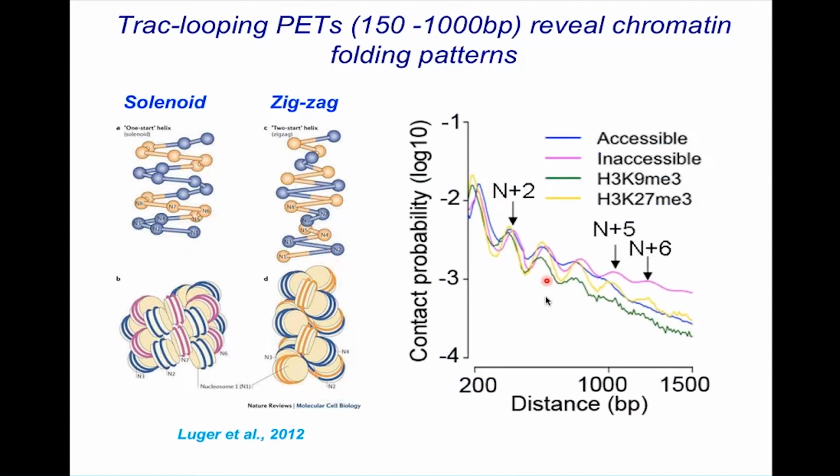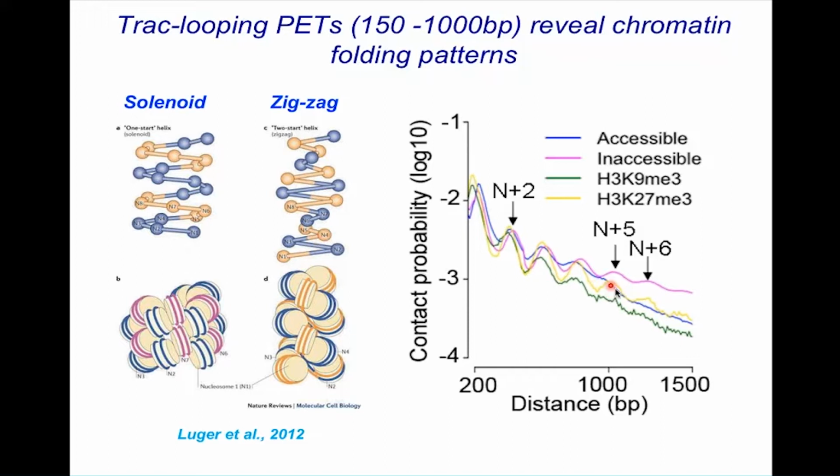the PET distance. The blue line represents the PETs for all accessible regions. As you can see, we did observe peaks with N+2 nucleosomes or N+3 nucleosomes. Therefore, this corresponds to the zigzag chromatin folding pattern.